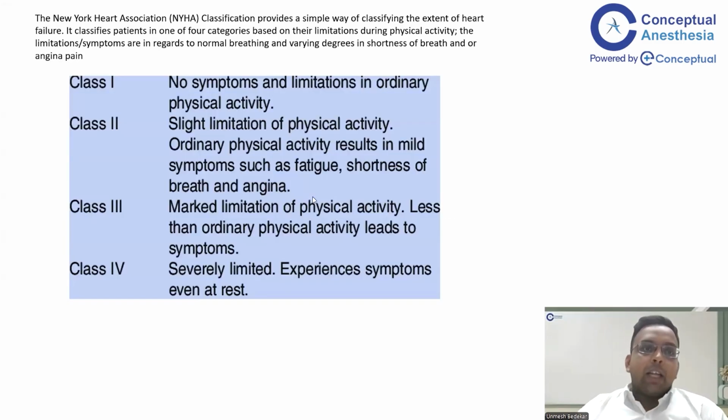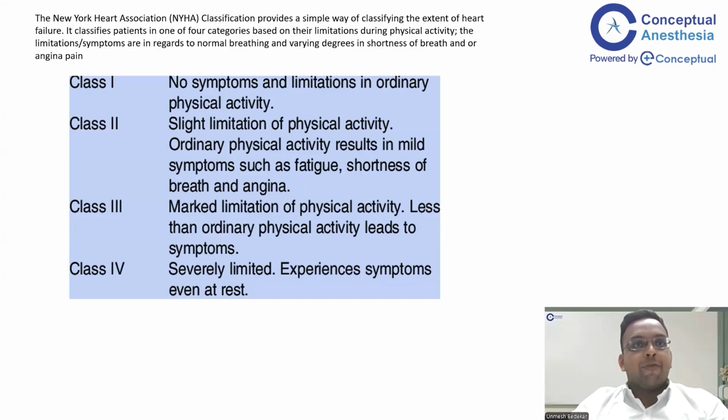So when we are assessing any patient, we have to assess the cardiorespiratory system of the patient. So one of the classifications to assess the cardiorespiratory status of the patient based on the history taking itself, one of the classic examples here is the New York Heart Association classification, which provides a simple way of classifying the extent of heart failure.